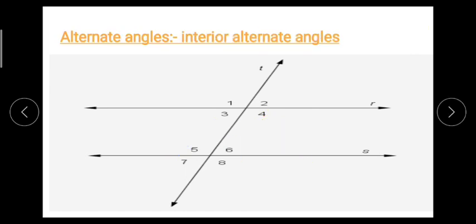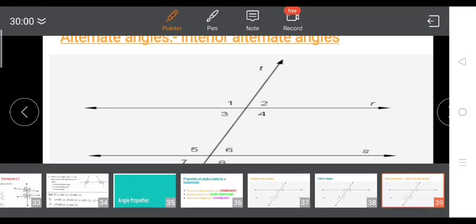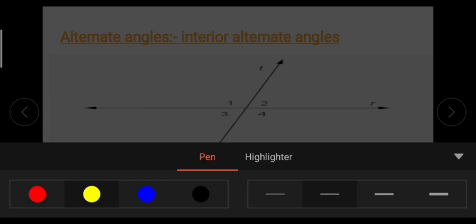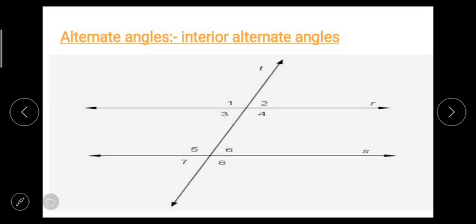Next we will see alternate angles. Interior alternate angles we will see now. What is the property of alternate angles? That alternate angles are congruent. We will see first the interior alternate angles.